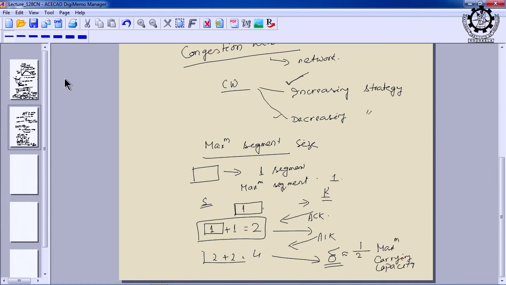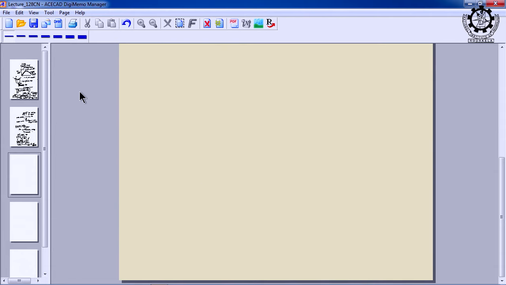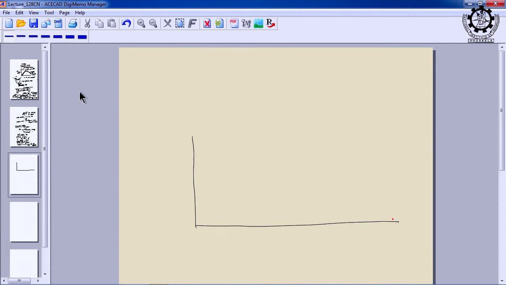If we explain this diagrammatically, how the increasing or decreasing strategy takes place: let the number of transmissions be in this direction and here is the congestion window size. For the first transmission, the window remains 1.